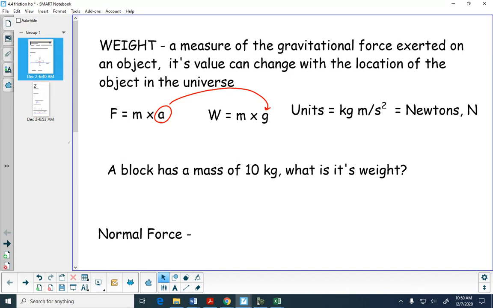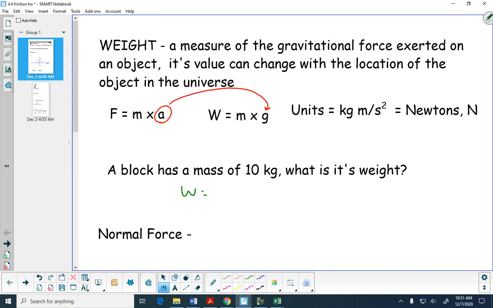If a block has a mass of 10 kilograms, what's its weight? Calculate its weight. Lucas, what's the weight of the object? 98.1. And what's the units?